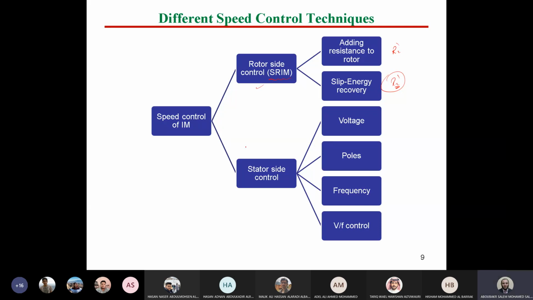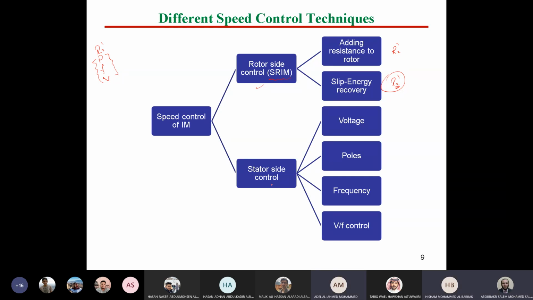So from the stator side, guys, we said we have R, we have poles, we have frequency, we have volt. All of these 3 parameters are applied on the stator side. So the first one is only for slip ring induction motor. Is the second technique for squirrel cage only or for both?